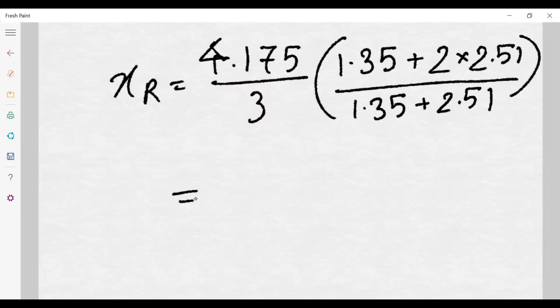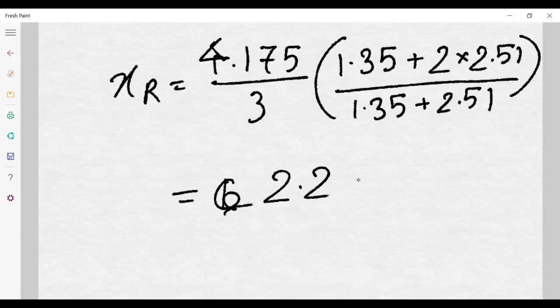Now you solve it and see what the value of XR is. So I am just solving it. 4.175 by 3 into (1.35 plus 2 into 2.51) divided by 3.86. Last time checking it once again, 1.2 plus 2 into, it becomes 2.29.